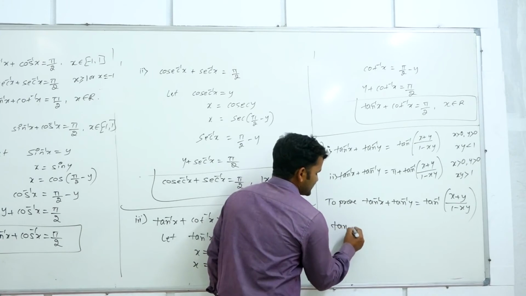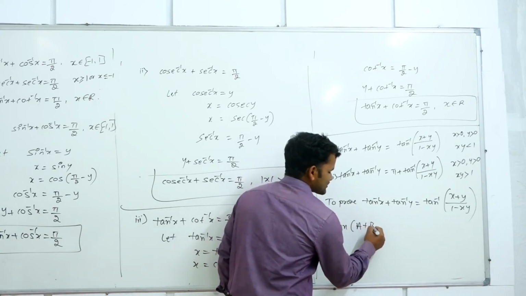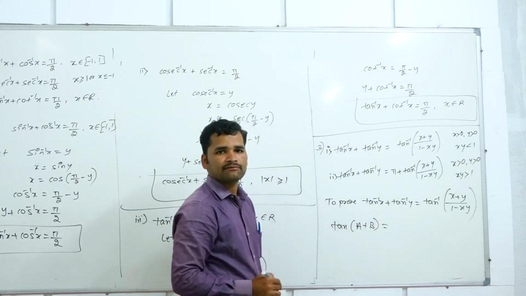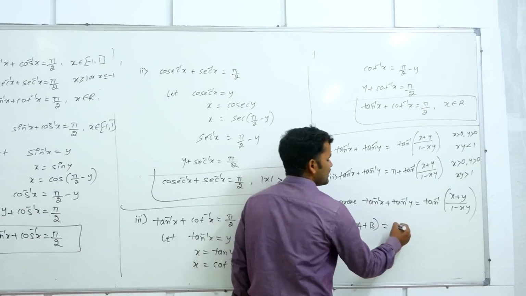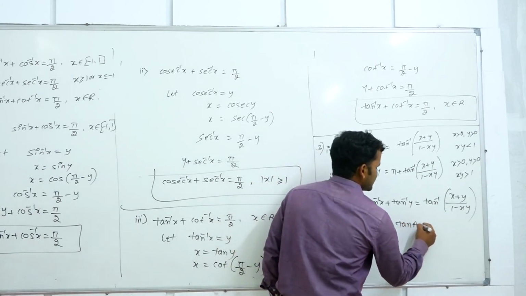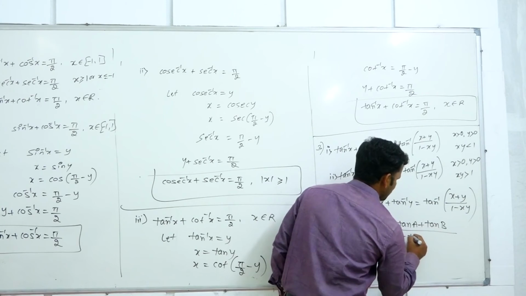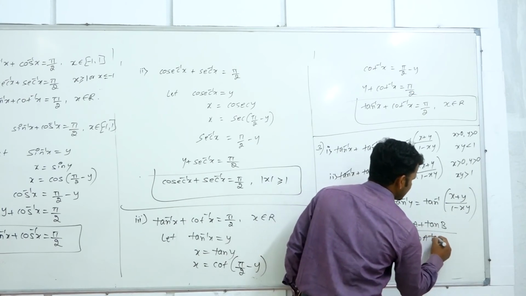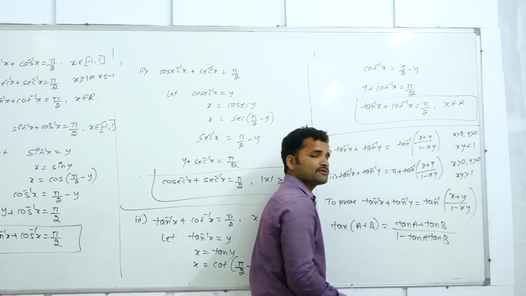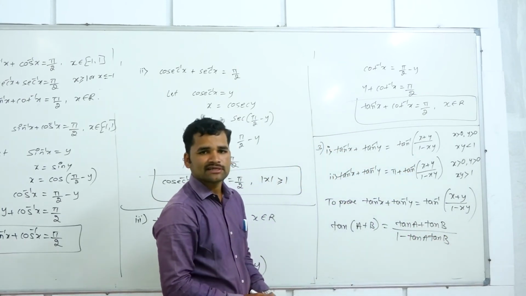I hope you know tan of a plus b is equal to tan a plus tan b divided by 1 minus tan a into tan b. This was the formula in first year. We will use all this.